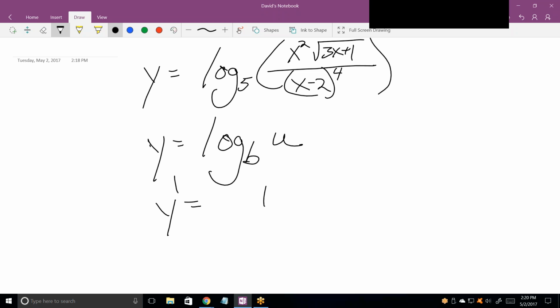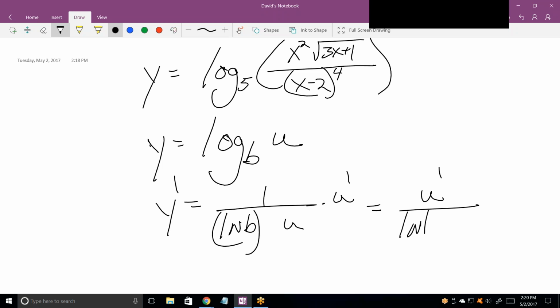The derivative of the outside is 1 over u, but it's times the natural log of b. And then the derivative of the inside is u prime. So what that gives you is u prime over natural log of b times u. That's what y prime is.